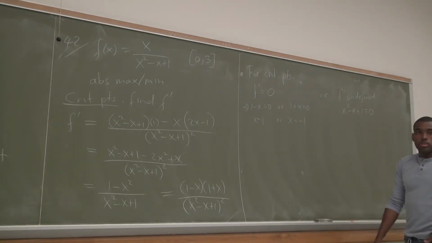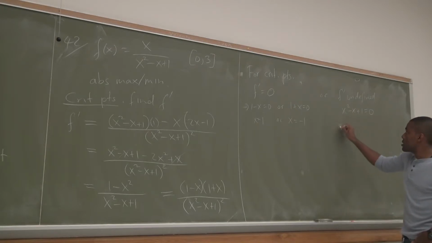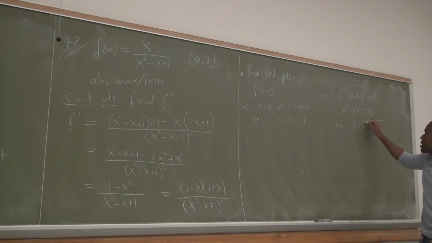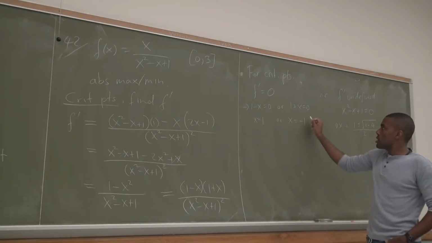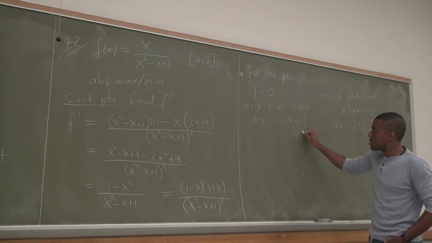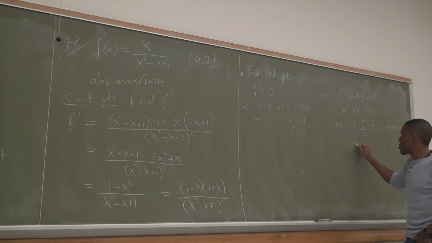How do you get this equal to 0? Quadratic formula. You could use the quadratic formula. So x equals minus b plus or minus square root of b squared minus 4ac. Right? So not real. So it's never undefined because it's never equal to 0. And also here you reject. So you reject these two.